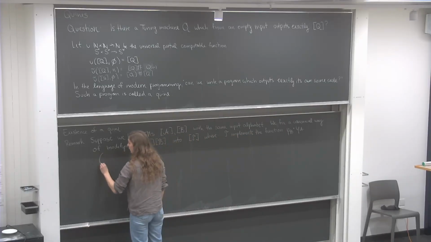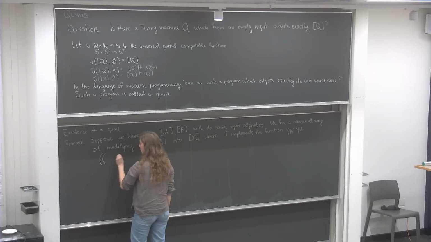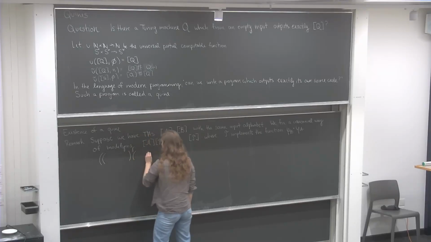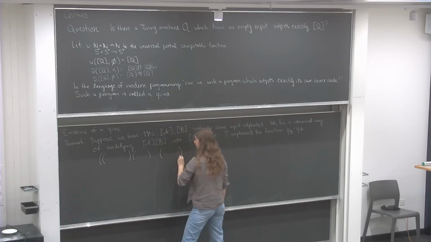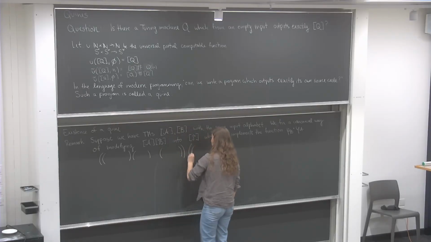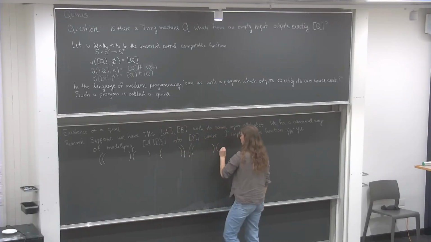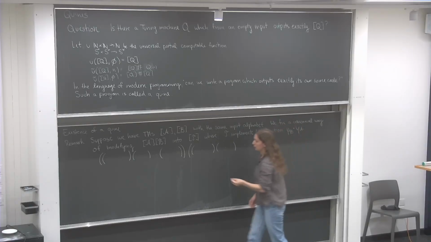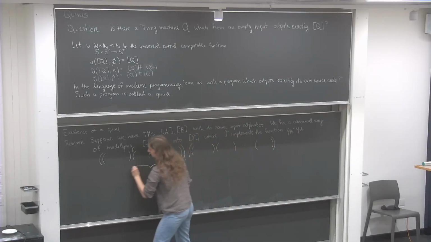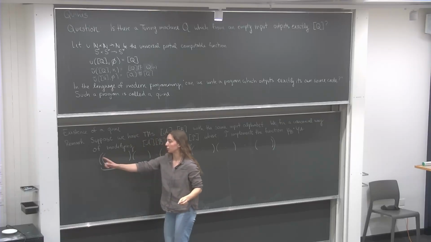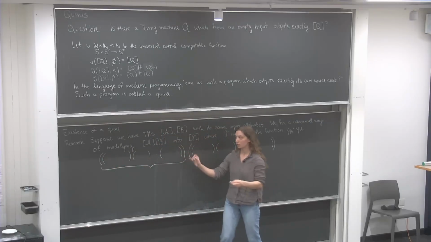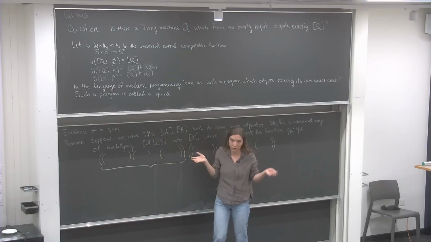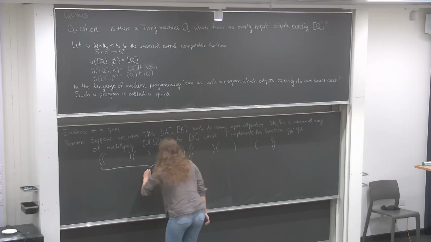So in a bit of a hand-wavy way, we have our description of A. And then we have our description of B. So this is why it was nice to put the extra parentheses around, so we know where one description ends and another starts. But these are just details.